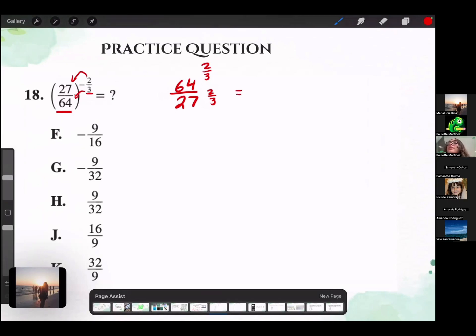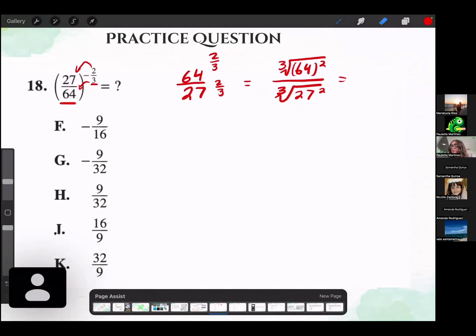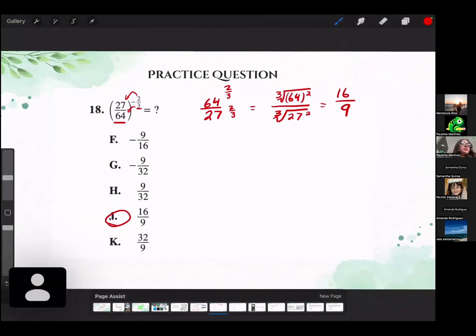So this is the same thing as saying, right? And then if you just plug it into your calculator, 16 over 9. Okay? Any questions?